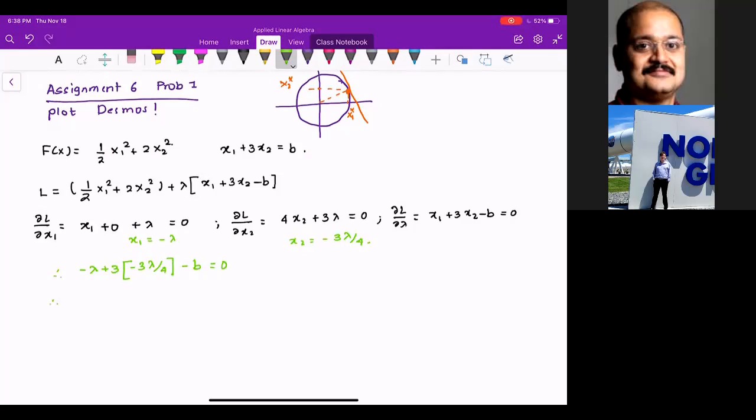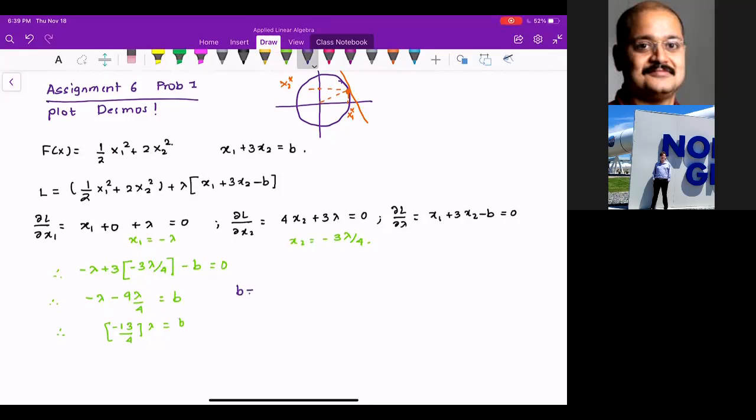So you have minus lambda minus 9 lambda by 4 is equal to b. Okay, so you have minus 13 by 4 lambda is equal to b.